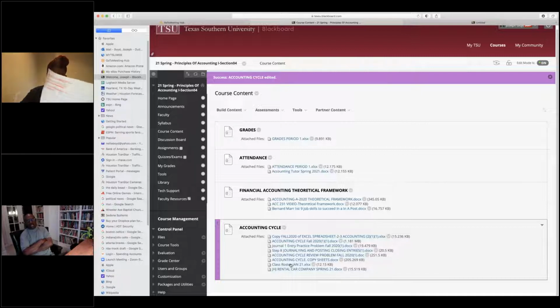The accounting cycle copy sheets, that's the next thing up. You're supposed to print that and have it ready because you're only going to have 2 minutes per journal entry. And you're responsible for the first 40 on that problem. You're just doing one, but eventually you have to turn in all 40 to me.